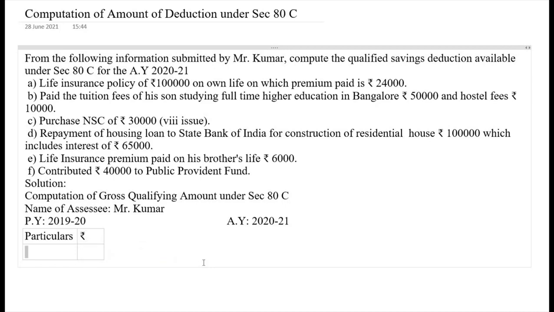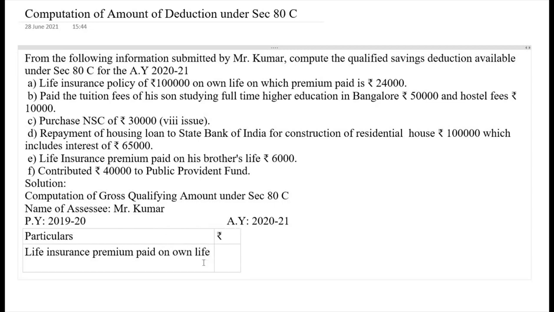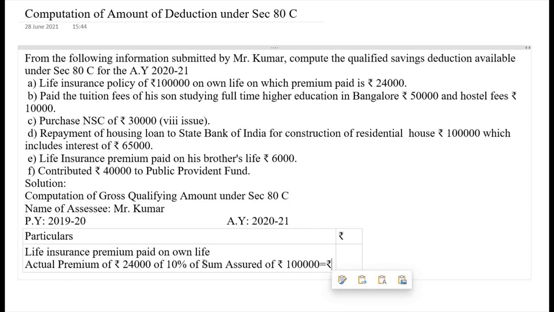So now let's begin here. Life insurance premium paid on own life, that is actual premium of rupees 24,000, or 10% of sum assured of rupees 1 lakh, which equals to rupees 10,000, whichever is less, that comes to rupees 10,000.